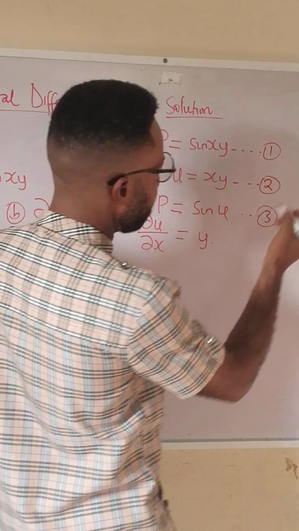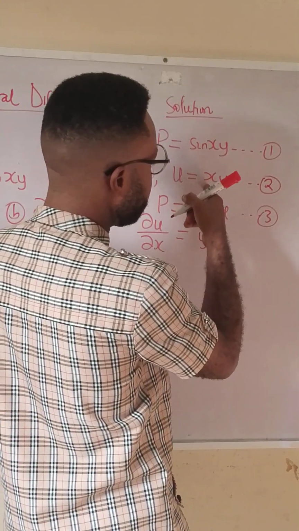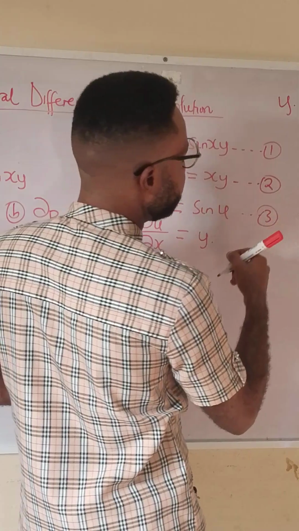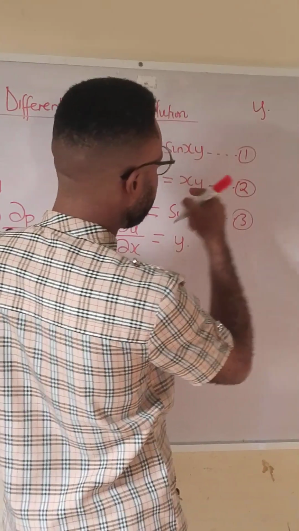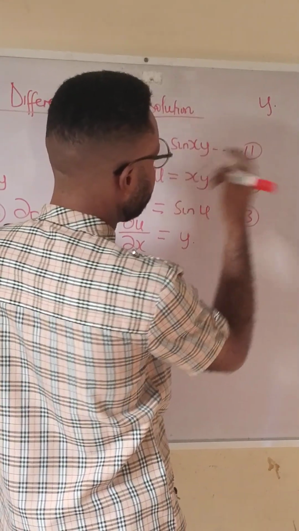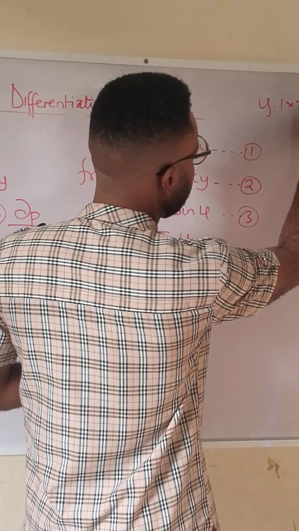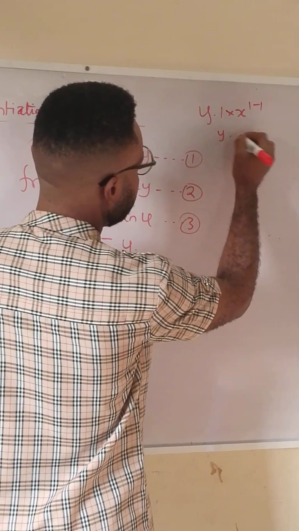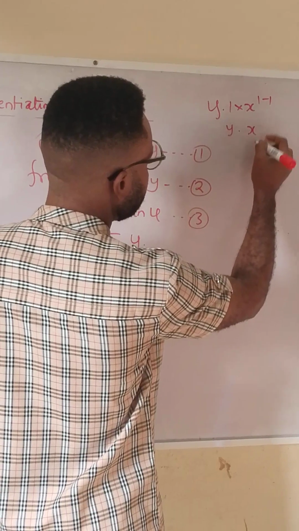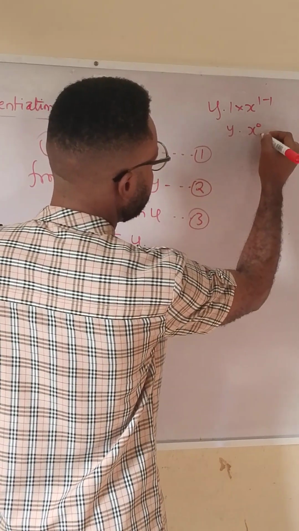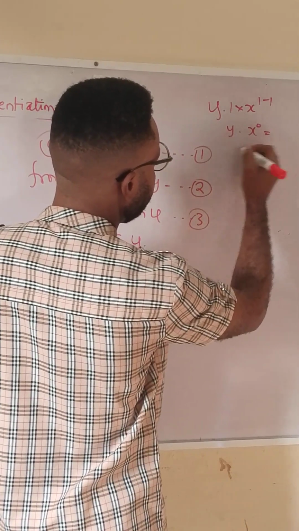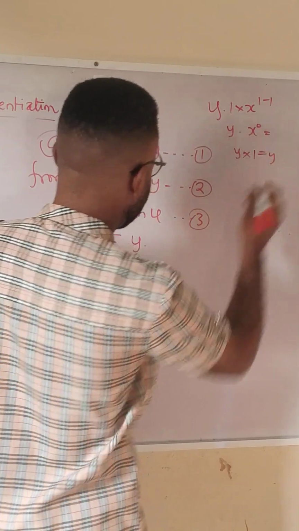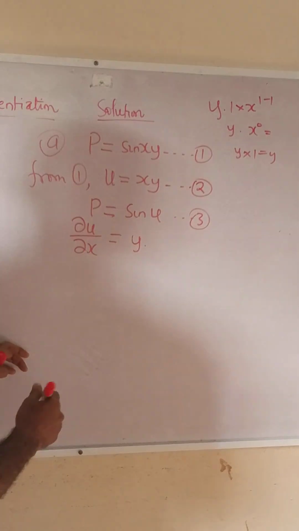Because you are differentiating with respect to x, you keep y constant, and then you differentiate x. So this will be 1 times x raised to power 1 minus 1. Any number raised to power 0 is going to give you 1, so we have y times 1, which is equal to y.